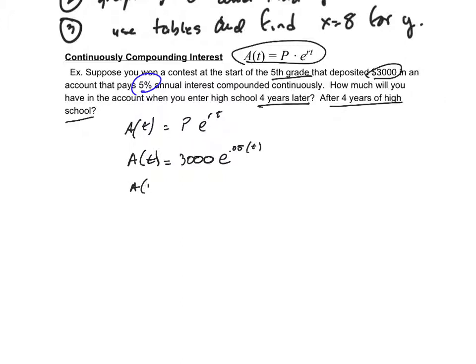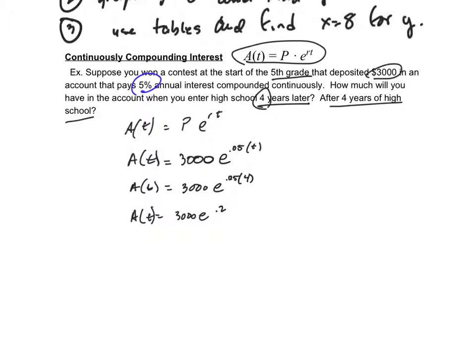So what is my amount going to be? The principal is 3,000, times e to the 0.05 times t, where t was 4. So that is going to be A of t equals 3,000 e to the 0.2.